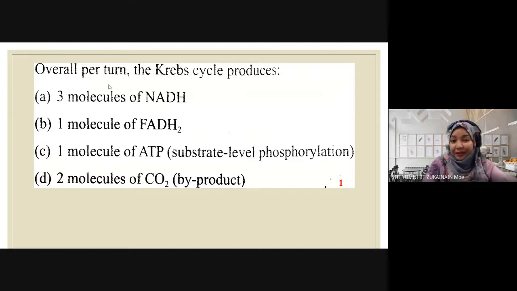So per turn, the Krebs cycle produces 3 molecules of NADH, 1 molecule of FADH2, 1 molecule of ATP, which you already know comes from substrate level phosphorylation, and 2 molecules of CO2 as byproduct at stages 3 and 4. So in total you obtain 9 marks, without mentioning the enzymes involved in the Krebs cycle.